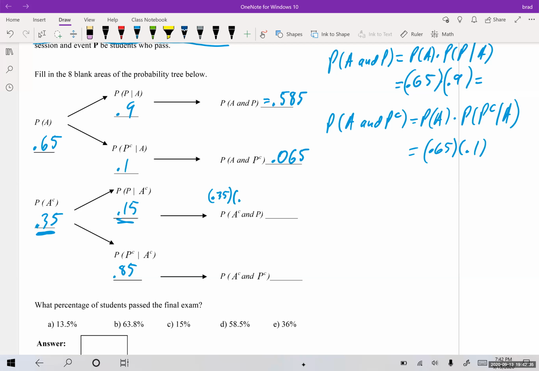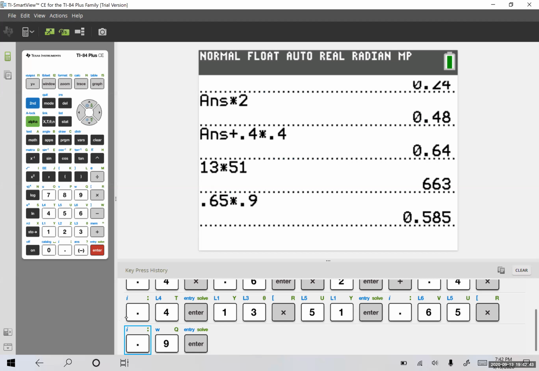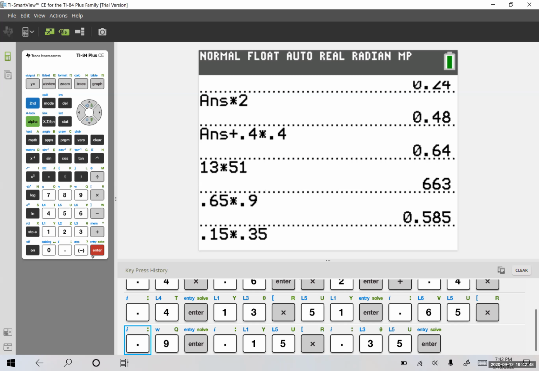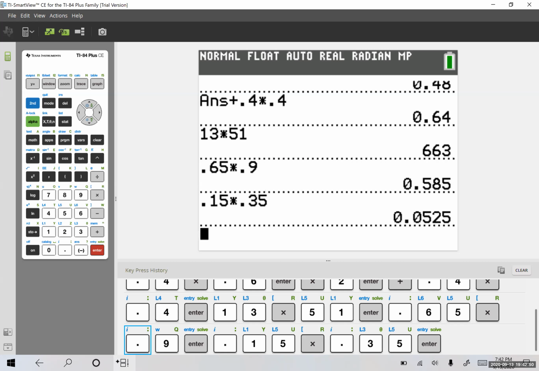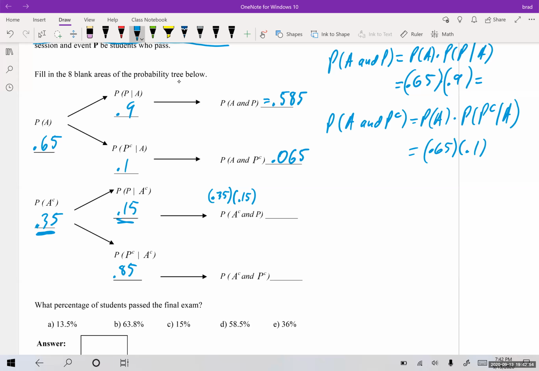I'm just trying to show you guys that now we kind of see how the probability tree works. We get 0.0525. I could write it out like I did over here, but it's the same thing.